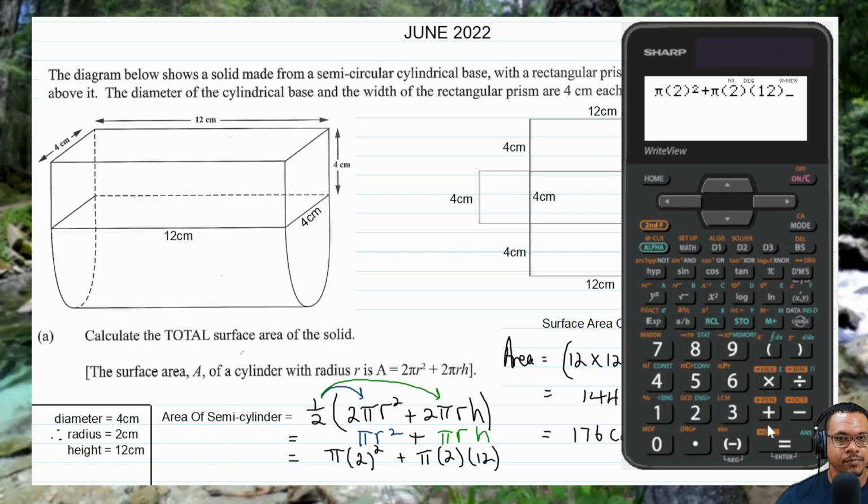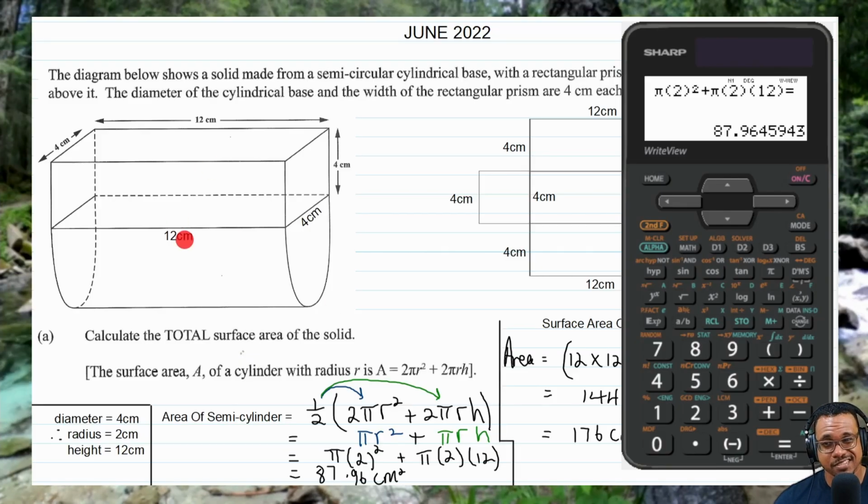You multiply in there and press equal, and I get 28 pi. Converting that into a decimal, that is 87.96 centimeters squared. So now the total surface area of this solid would be to add this 87.96 to this 176 centimeters squared.